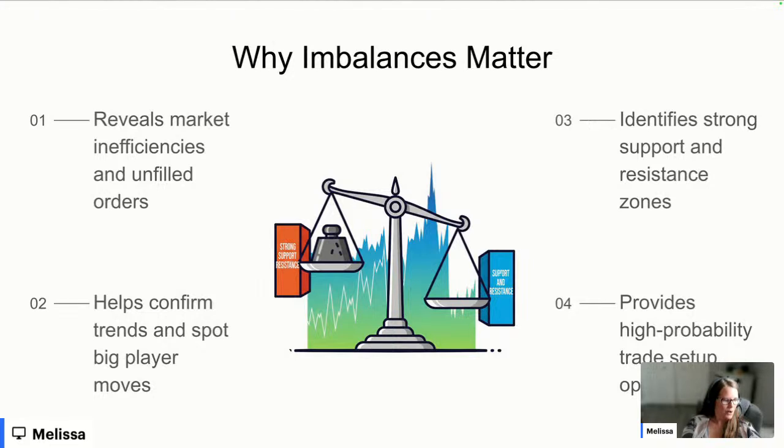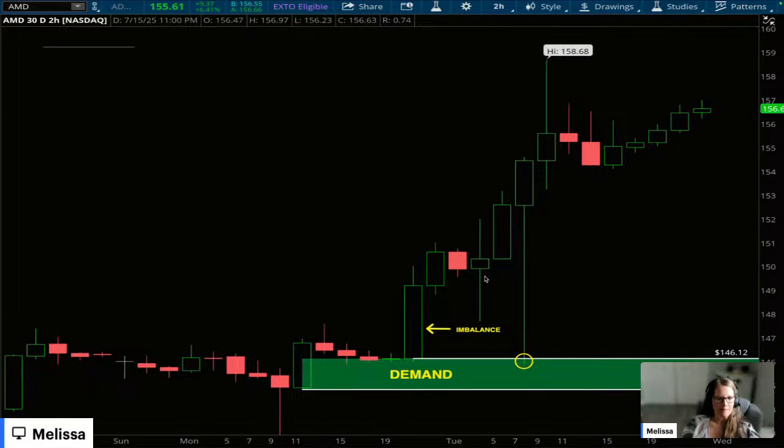Check out how price bounced perfectly from this recent imbalance zone on AMD. Here you can see that we have an imbalance candle. Looking to the left, I can see that we had inside candles followed by the big up move.